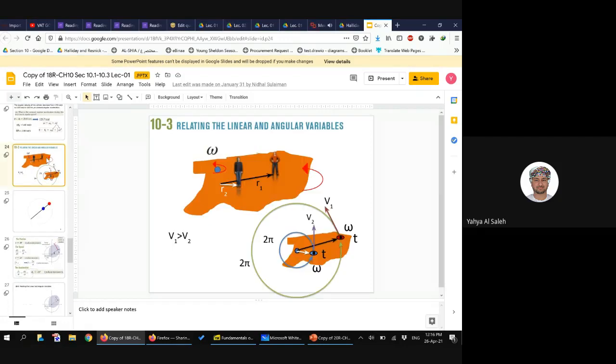So if you remember from our lecture some time ago, we had this. Do you remember this? This is the key point to what happens now on the wheel.